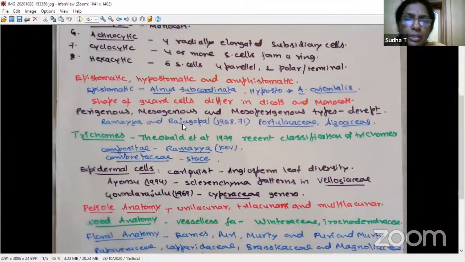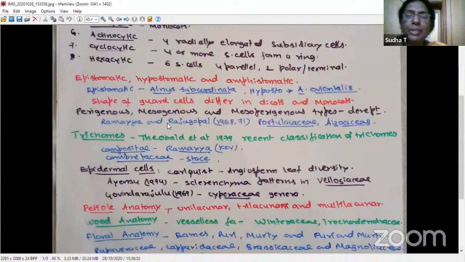This has actually been extensively studied in different members of Poaceae and Asteraceae by our Osmania professors Ramaiah and Rajagopal. They are very eminent anatomists and also taxonomists, and were the leading epidermologists.